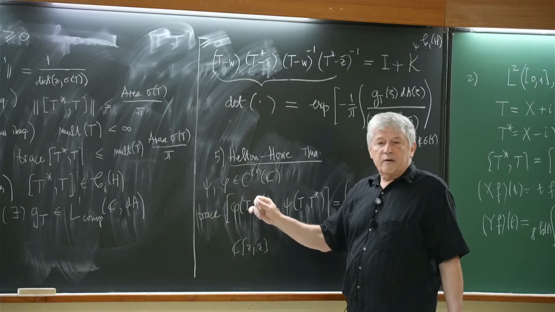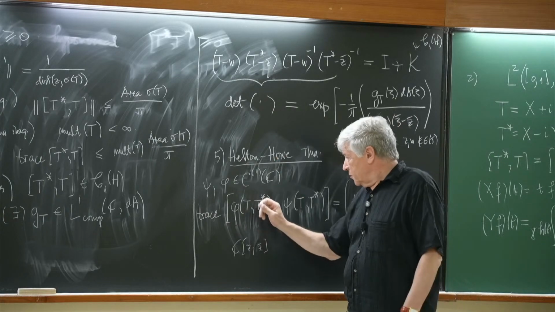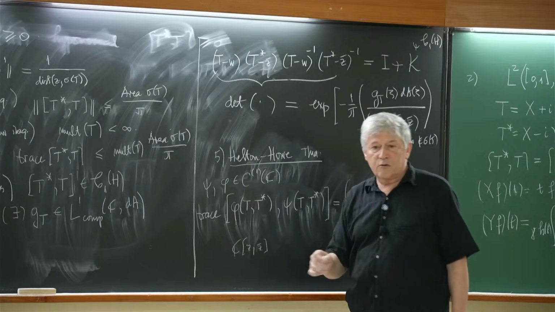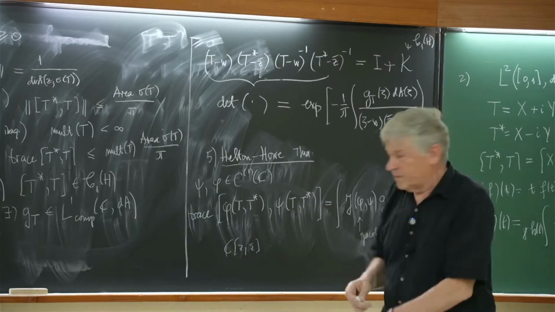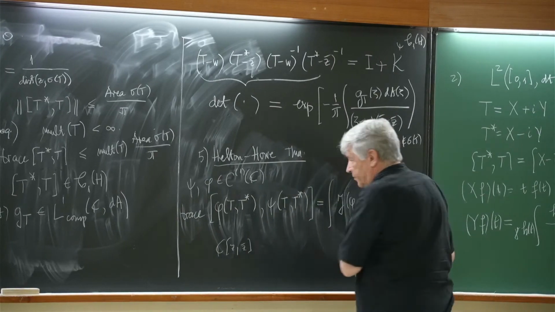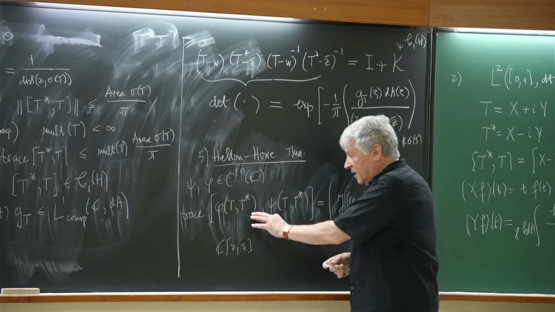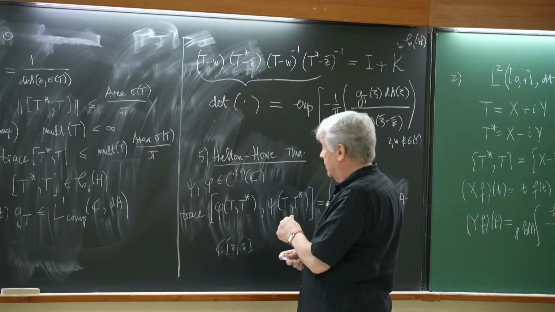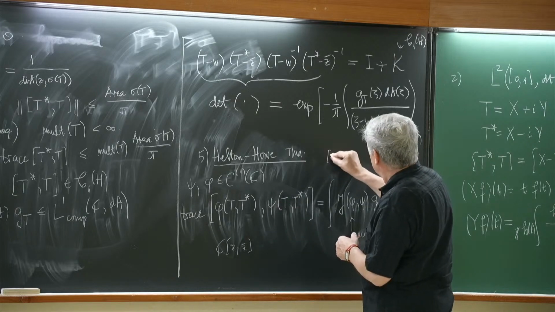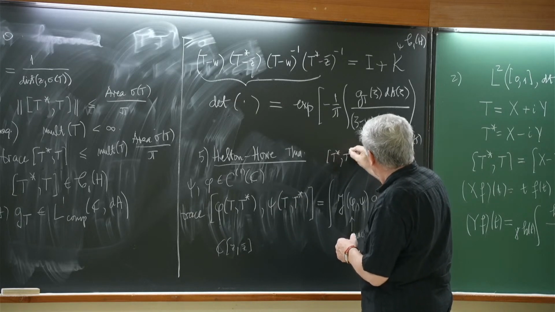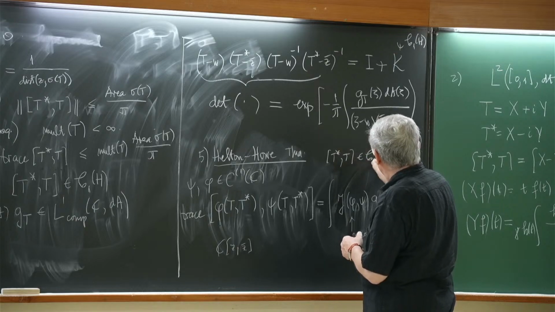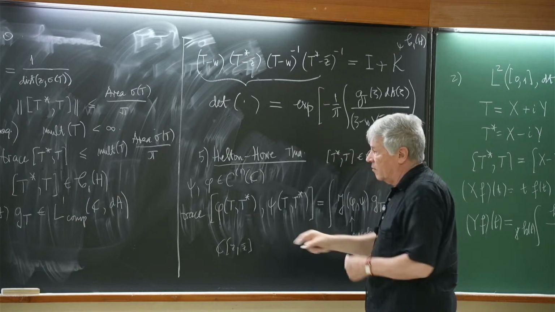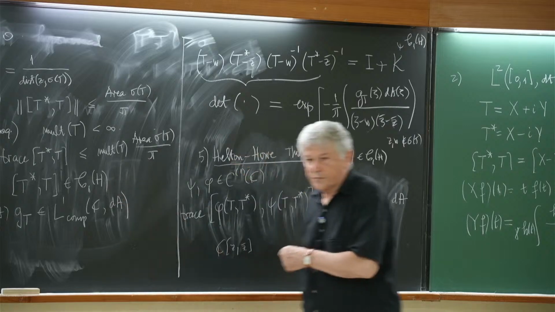I make a choice and put t star in this calculus to the right of t. The same here. I claim that this commutator will be trace class if, of course, we assume, as before, that this is trace class. I forgot to say. We are in the same situation.